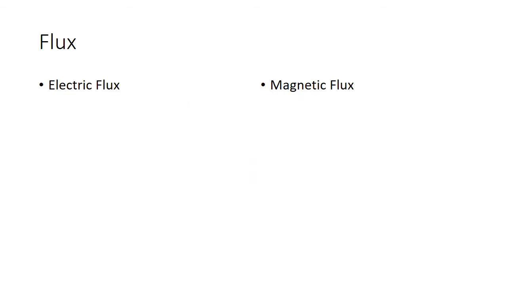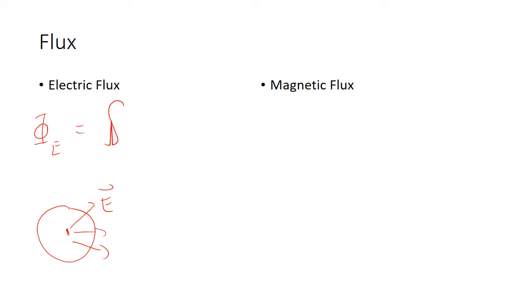If you remember electric flux, we thought about electric flux when we talked about a charge, and we started looking at the electric field, and we said, well, how much electric field goes through a surface? And so we came up with this concept of electric flux, and we said the electric flux was the integral of E dot dA over the surface.